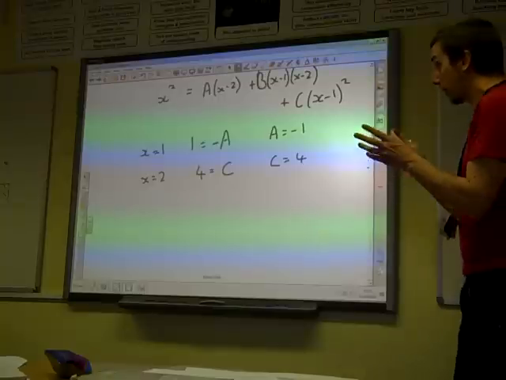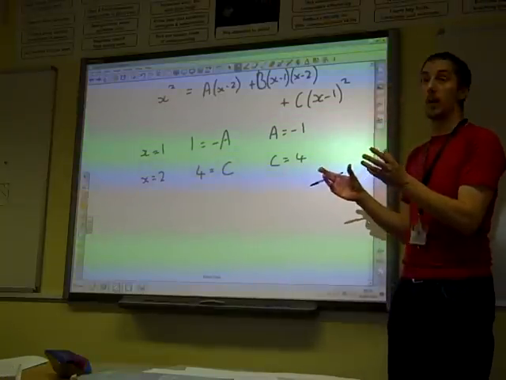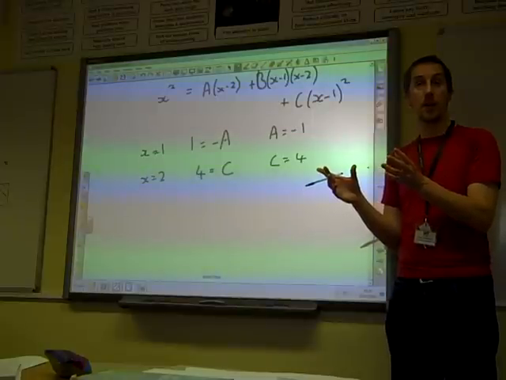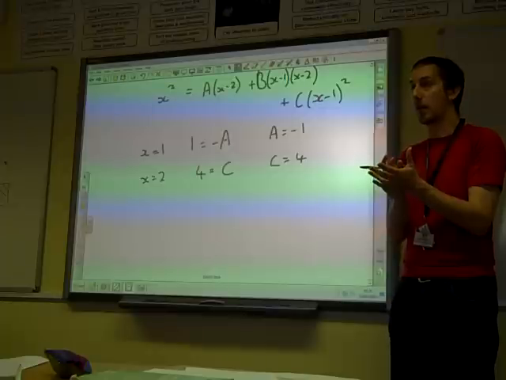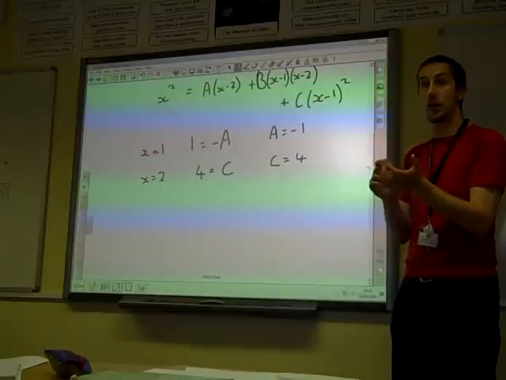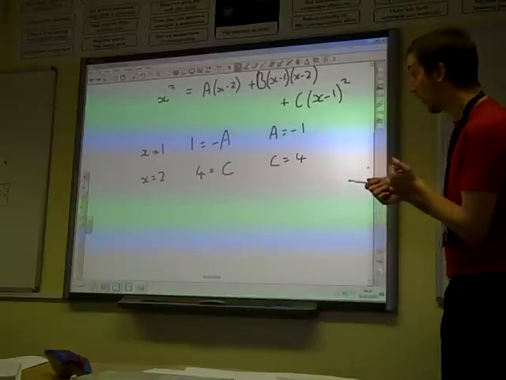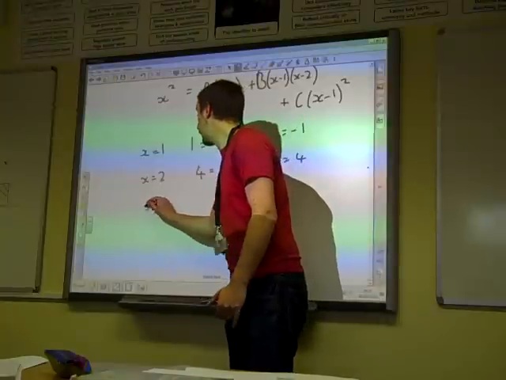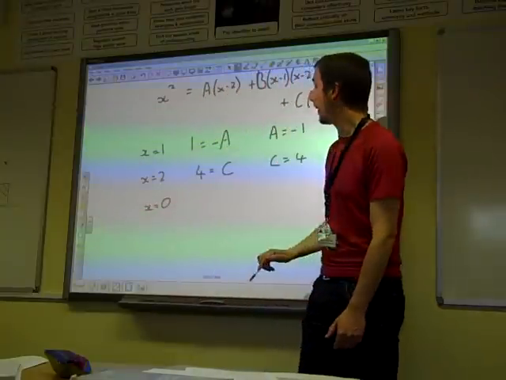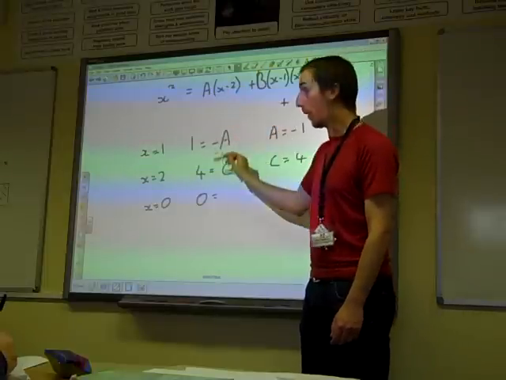Now at this point, because it was a squared bracket, there isn't a third number to throw in there to get rid of the other expression. So we just have to go with a simple value of x, as simple as we can think. We've already used 1. 0 seems like a fairly simple value to sub in. If we put 0 in there, we get 0 on the left, and we get minus 2a.